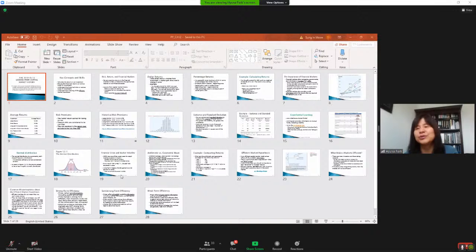And if I ask you, what is the most important lesson you learned so far in chapter 12 about the right discount rate for a risky investment? Use one word that determines the right discount rate for a risky investment. So what would be your answer?